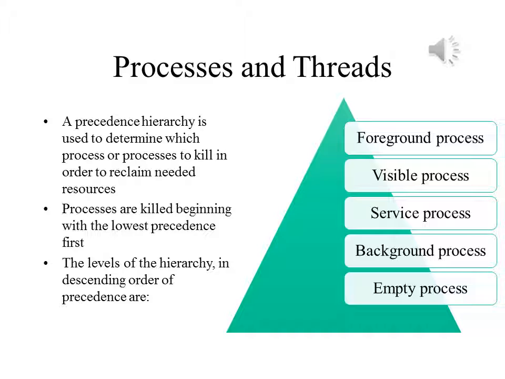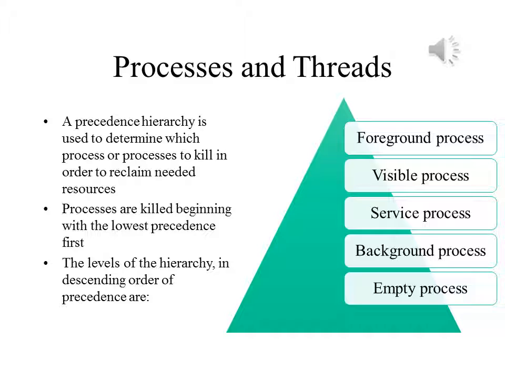A precedence hierarchy is used to determine which process or processes to kill in order to reclaim needed resources. Every process exists at a particular level of the hierarchy at any given time, and processes are killed beginning with the lowest precedence first. The levels of the hierarchy, in descending order of precedence, are as follows.